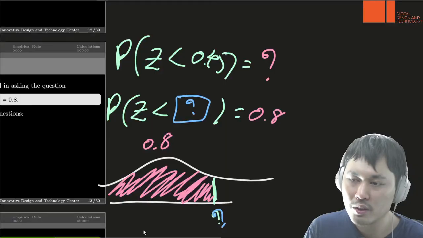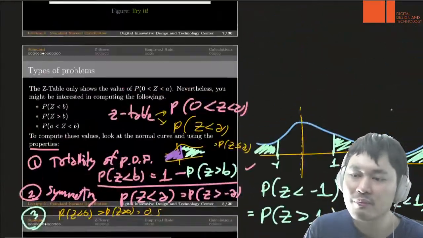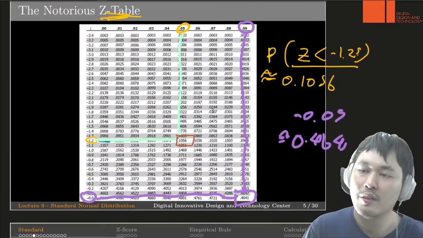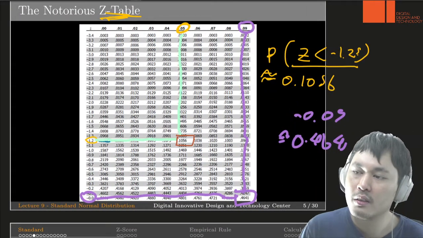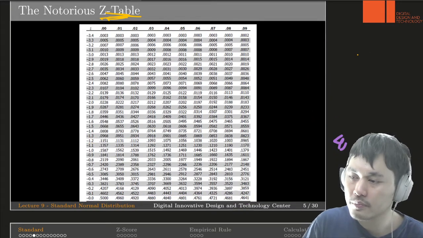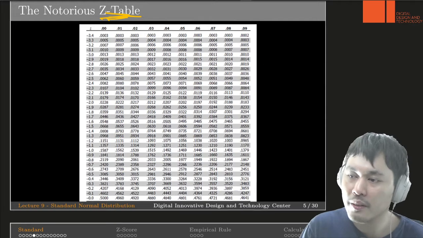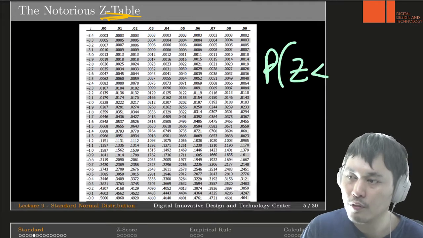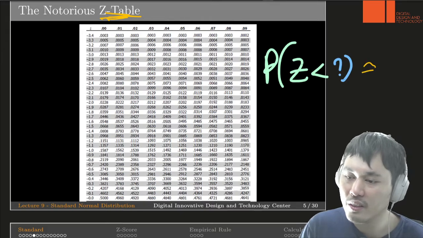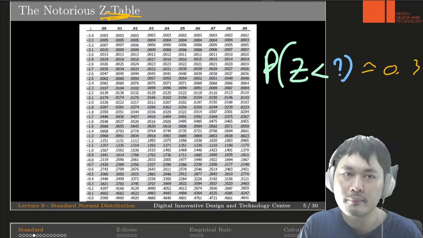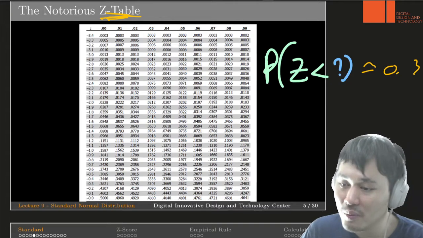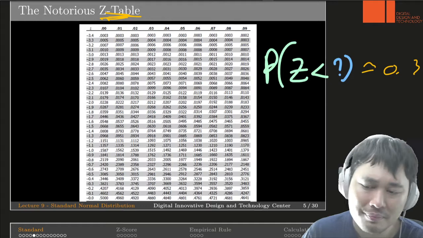So let's go back to the notorious z table. We have the z table here. If I ask you to find the value such that this probability is about 0.3, you look at this table and see what values are closest to 0.3.